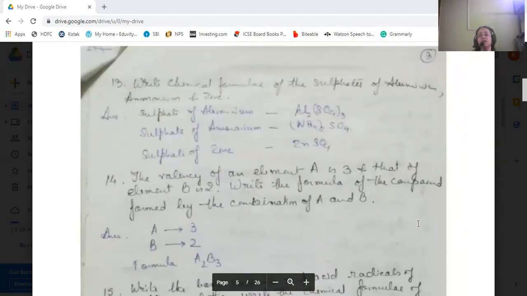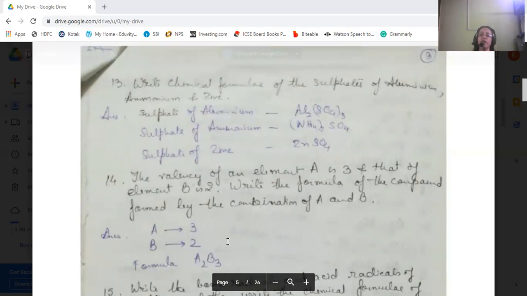Next is: write the chemical formula of the sulfates of aluminium, ammonium, and zinc. The sulfate of aluminium is aluminium sulfate, that is Al2(SO4)3, because aluminium has valency 3, it is a trivalent radical, and sulfate has valency 2. Then the sulfate of ammonium: ammonium has valency 1 and sulfate has 2, so (NH4)2SO4. Then zinc sulfate: both zinc and sulfate have valency 2, so ZnSO4.